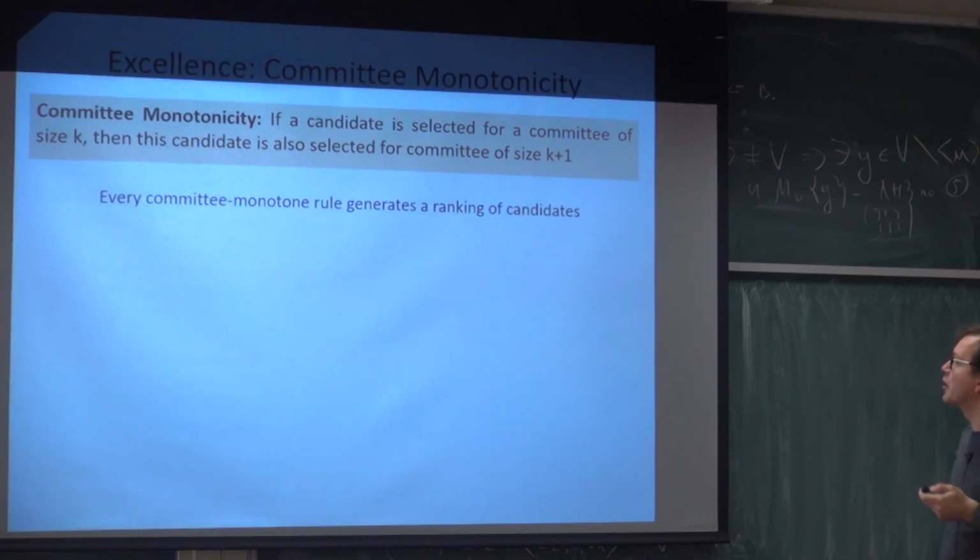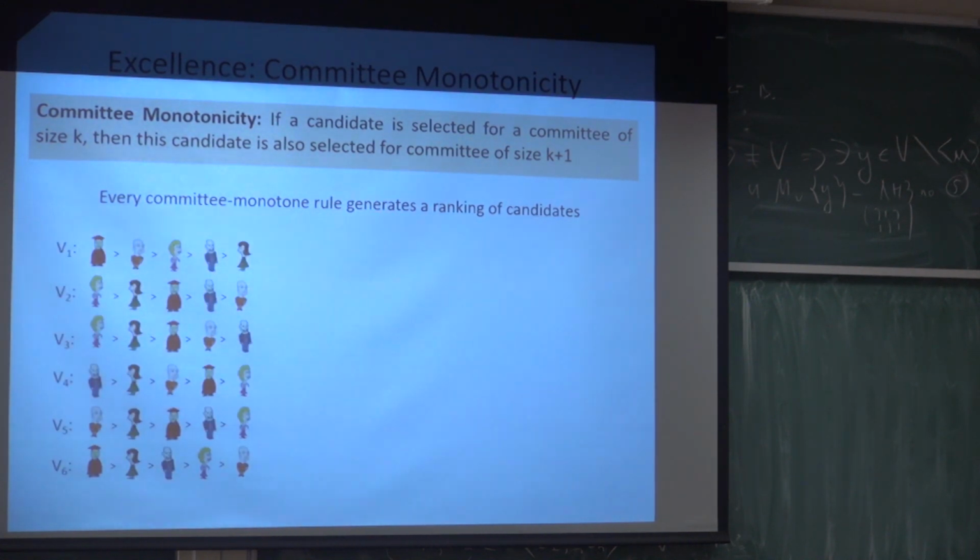The way it works is, in fact, every committee monotone rule generates a ranking of candidates. If we have a profile and we choose a committee of size 1, a committee monotone rule gives us some committee. A committee of size 2 can only add, a committee of size 3, add, and so on. The order in which they were added gives us a ranking.